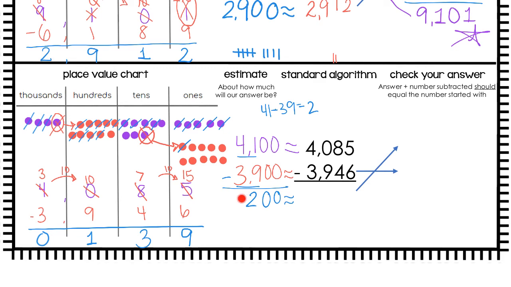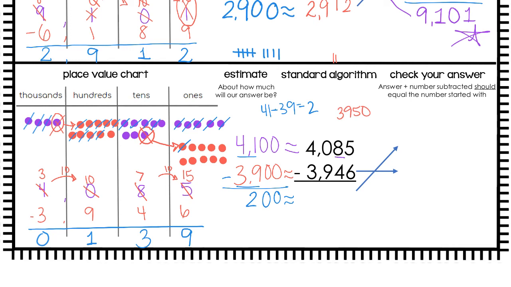I'm looking at my estimate was 200. I don't really think 200's that close to 139. But then I was thinking to myself, well, 946 is honestly closer to 950. So I would say 3,950. But that means that I'm really rounding to the nearest 10.